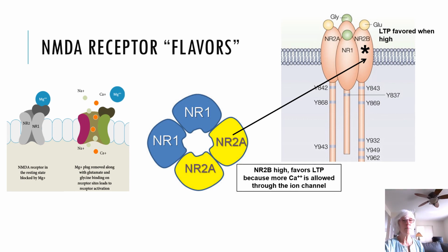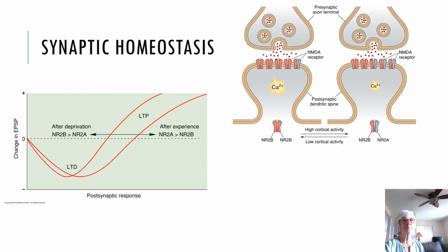When NR2B is high, we favor long-term potentiation because more calcium is going to be allowed through an NMDA receptor comprised of NR2B as opposed to NR2A. You might have to replay this a few times to get that, but the next slide will say the same thing over again, so hopefully it will make sense.